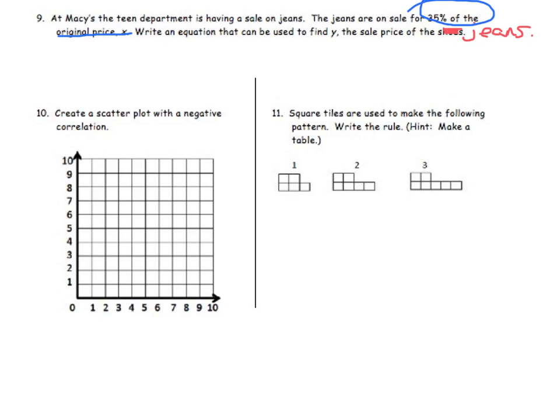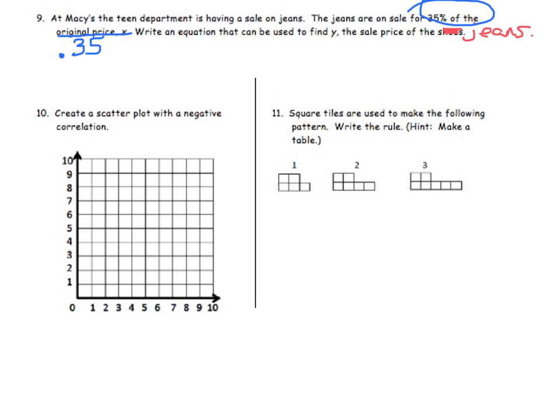X. So how do we write 35%? If you can't remember, you can put it in your calculator and do 35 divided by 100. Or you can just remember that it's 0.35. So 35% of the original price.